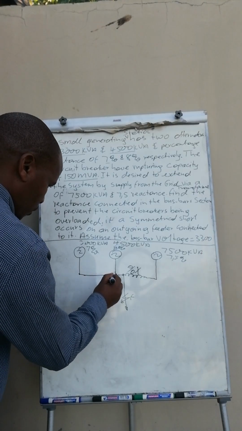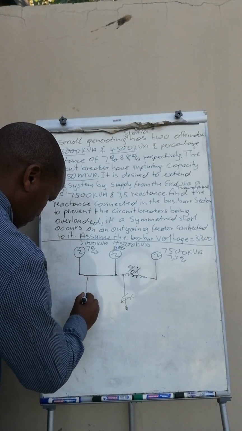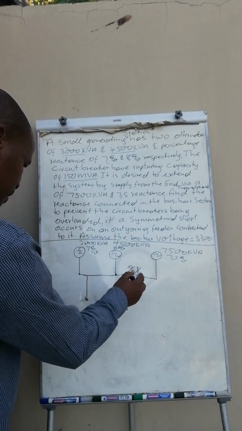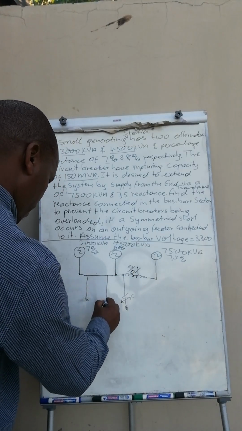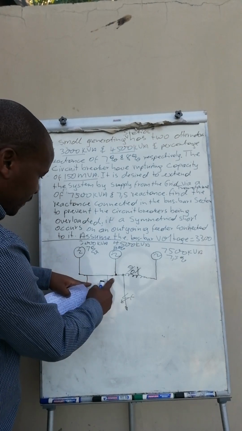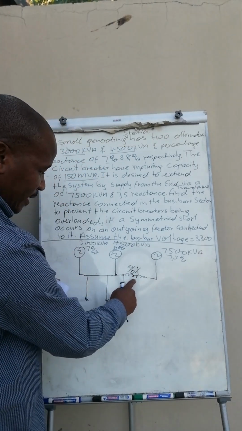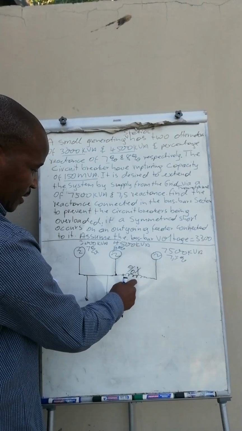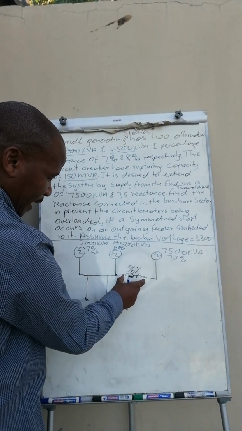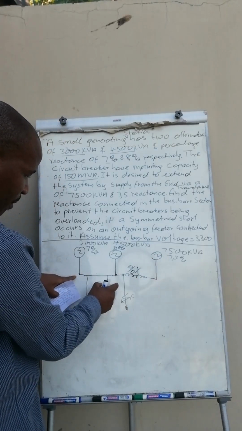Let me draw what is required here. There were two alternators. Each alternator feeds one line, and then one line was added, and the reactor was added to link this transformer to this power system.